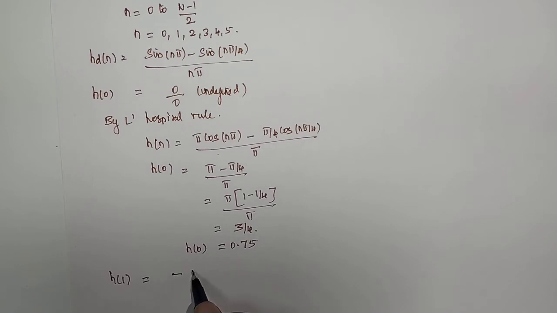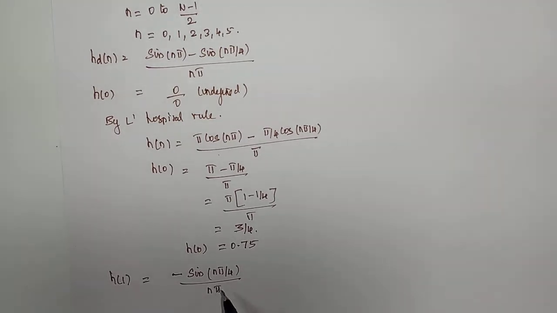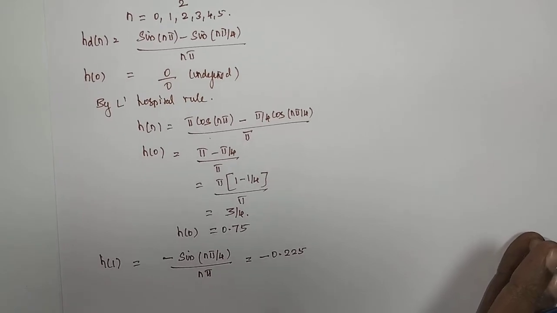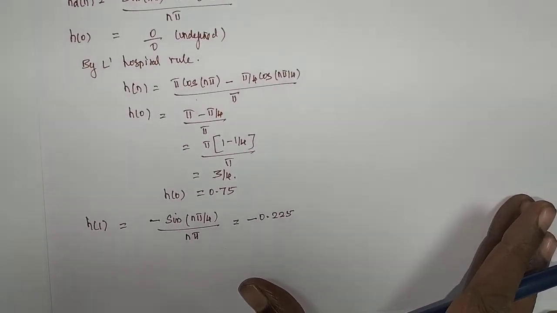So that minus sin n pi by 4 divided by n pi. Substituting the value 1, sin pi by 4 divided by pi, and this value is equal to, h of 1 is equal to minus 0.225. So keep it in mind, keep your calculator in radian mode.